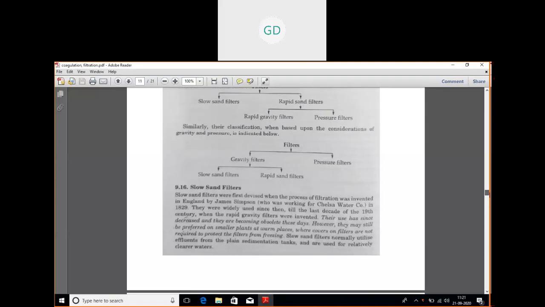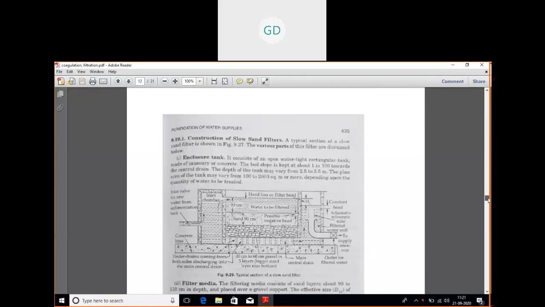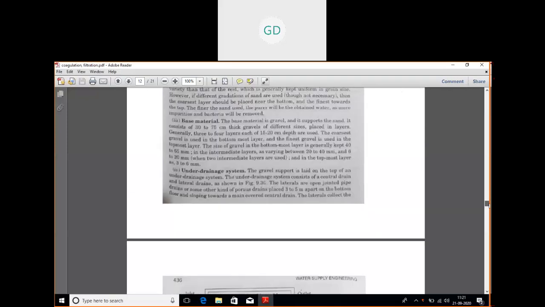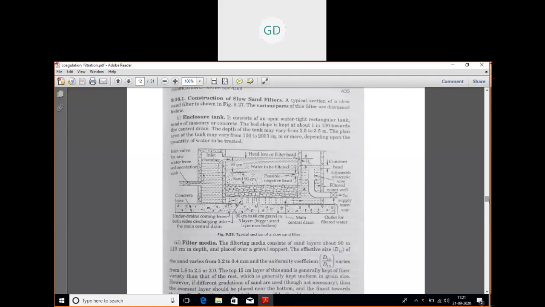In the book, all these operational things and constructional details are given, so it is of no use to explain them because these are all constructional details. If you can, remember this diagram.